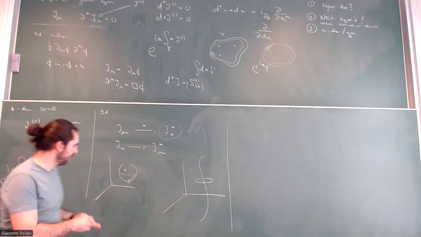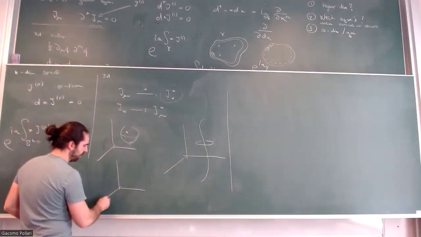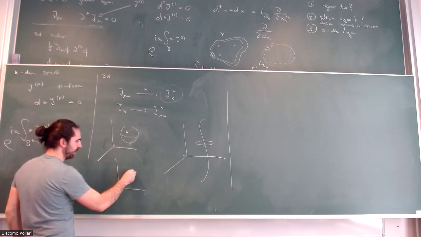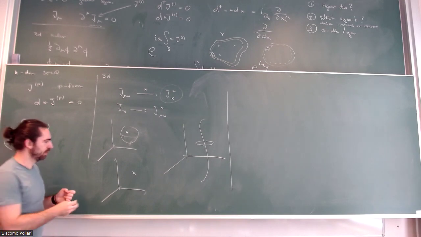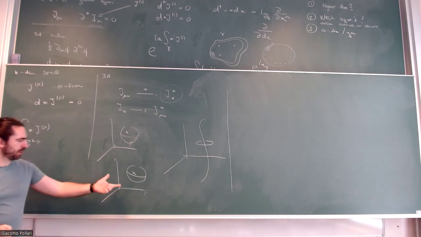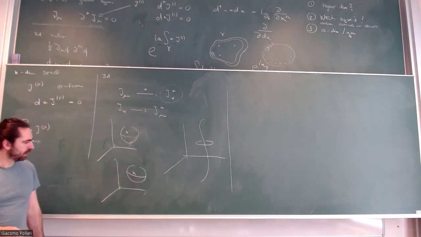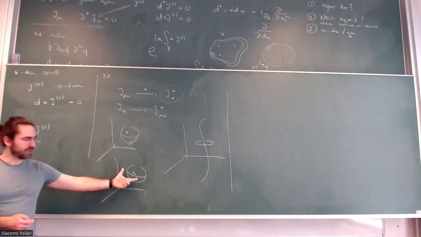Okay. So if I were in the usual previous case, say I have my local insertion, and I want to apply on it the action of a codimension one topological operator, i.e. the normal symmetry.